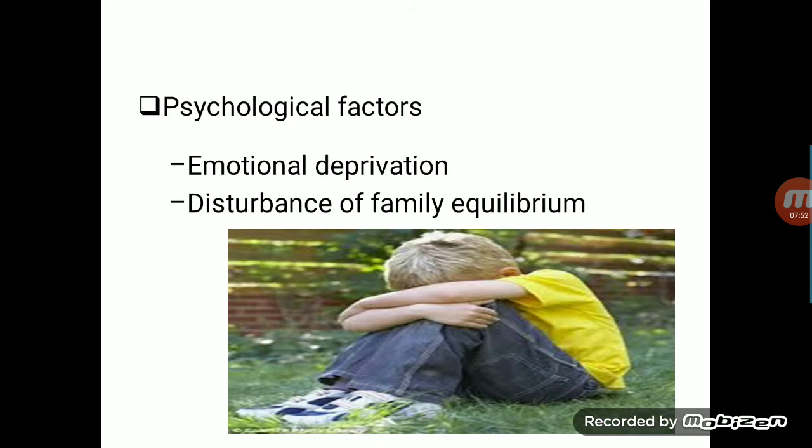All right, so the next one is psychological factors. In psychological factors, we can see emotionally deprived children, children whose parents show less love, affection, or care, or where there is less emotional attachment between the child and the parents, and also when there is disturbance in the family equilibrium, in a sense where there is everyday conflict, or divorced parents, or neglect of the baby by the parents.